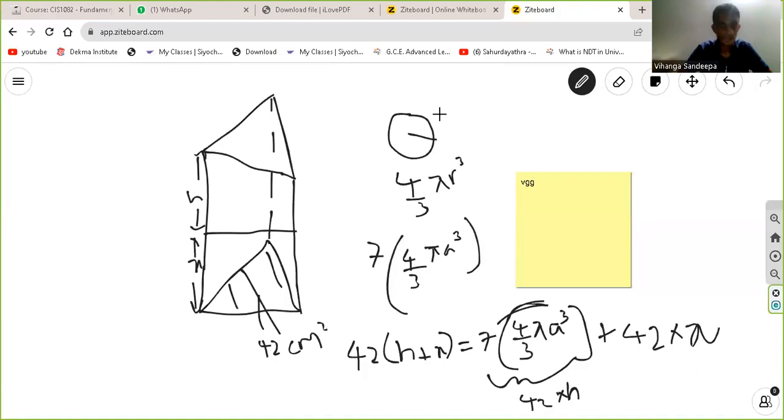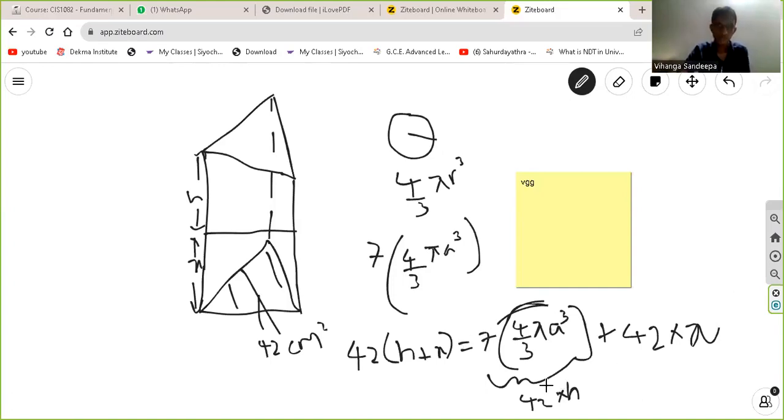Then I hope that you have solved the equation. Can you hear me, students? Yes. Okay. Then this 42 into h means the volume of 7 spheres.